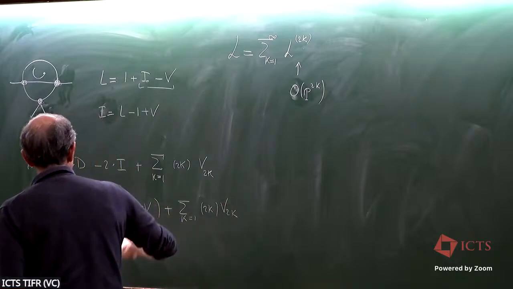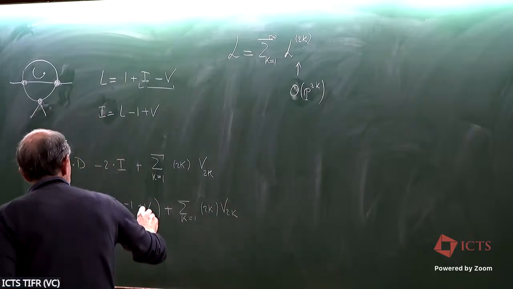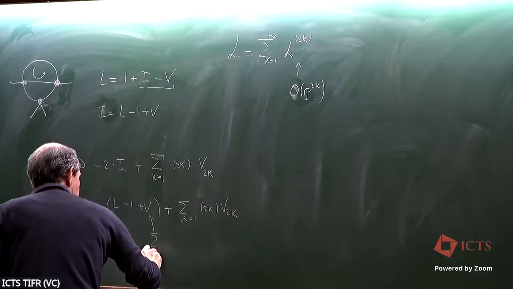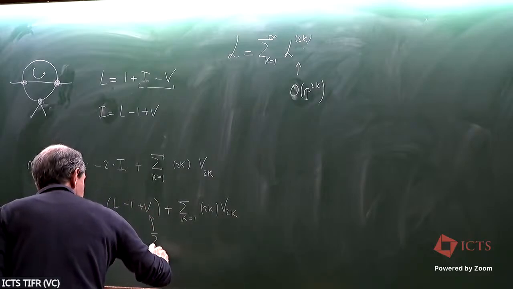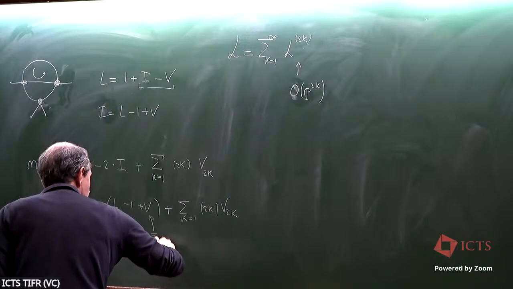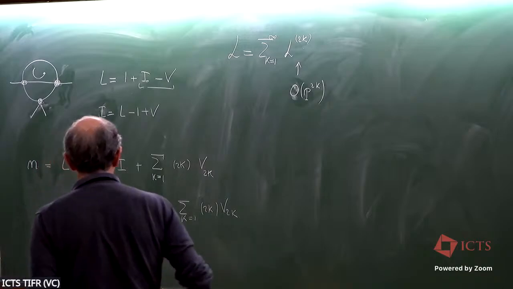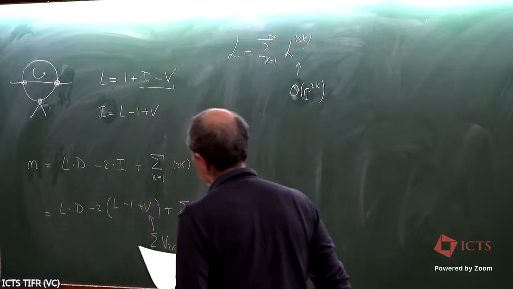Actually V is the total sum of vertices. Actually, this is a sum over k. Okay. And now I can reorganize all this.